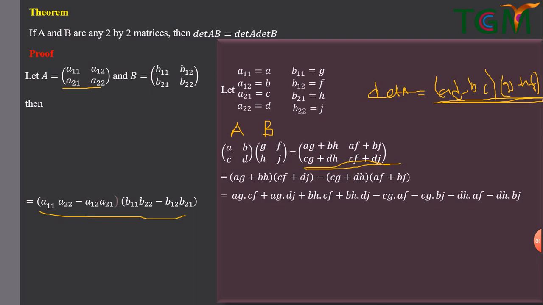Simplifying this one, we have like terms. For instance, negative CGAF plus this one AGCF. It doesn't matter the arrangement of the letters as long as we have the same letters.